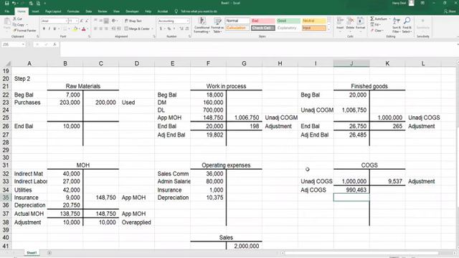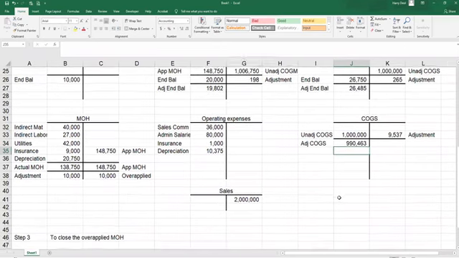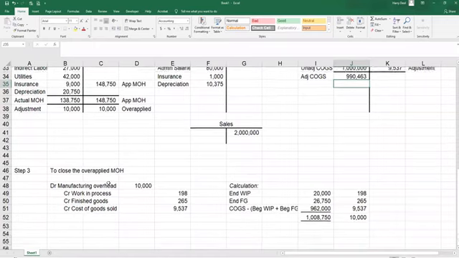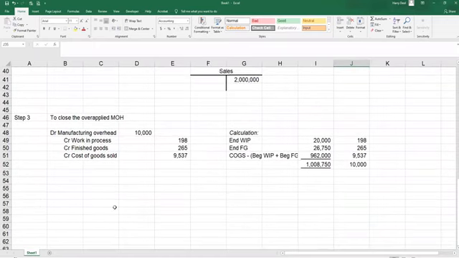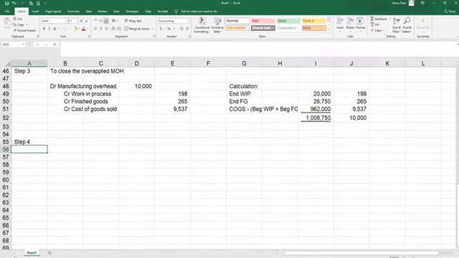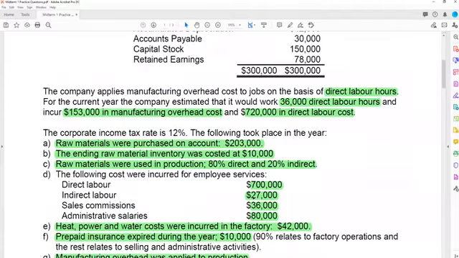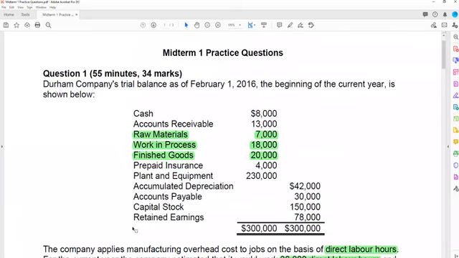Okay, so it is important to remember to post the journal entry closing the over applied manufacturing overhead. And now you are good to go to the next step, which is to prepare the financial statement, the income statement rather, and the schedule of cost of goods manufactured. The name of the company is Durham Company.